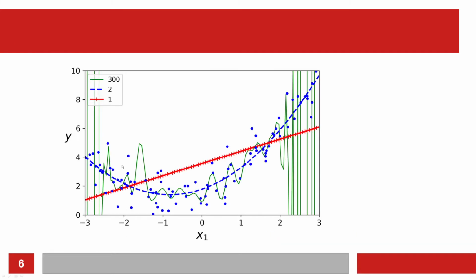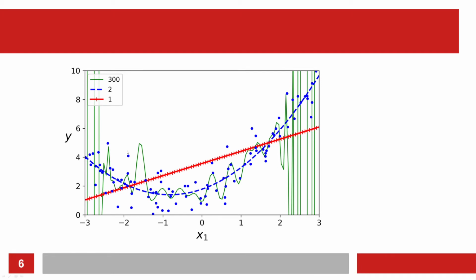Here's one example. This is with degree 1, which means linear regression. With degree 2, we add the degree 2 to our features, and this will split the data like this. If we add 300 degrees, it will be a very huge number of features, and it fits our data.